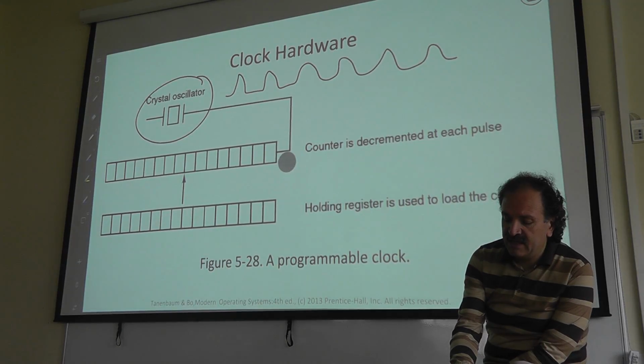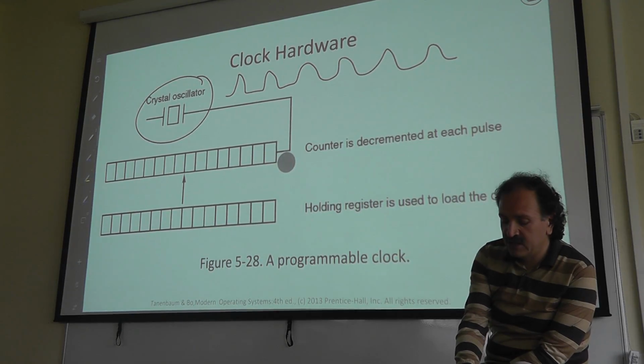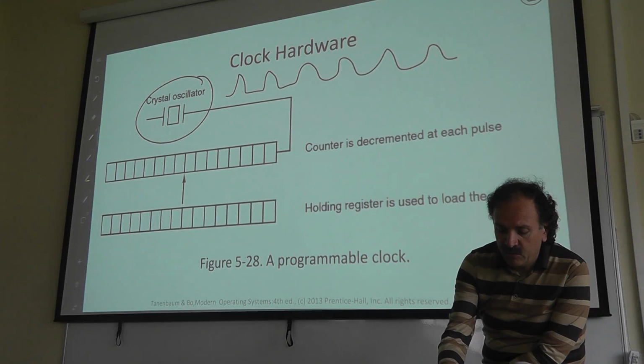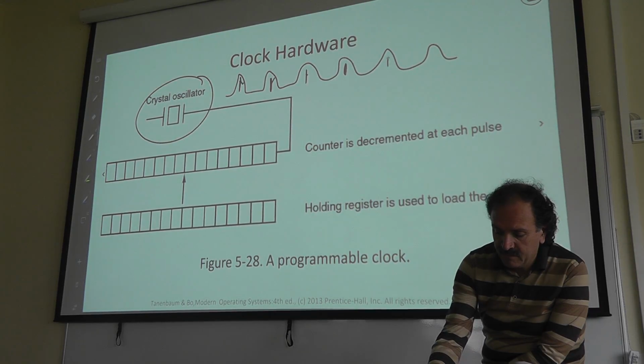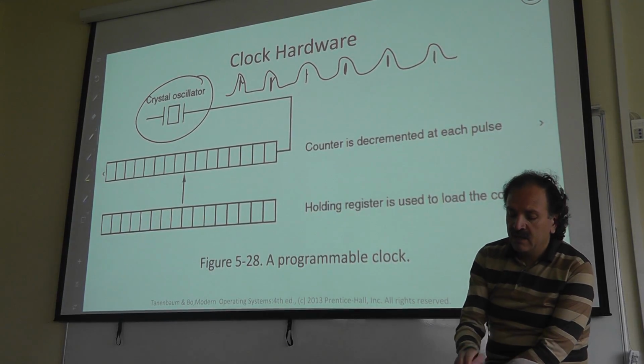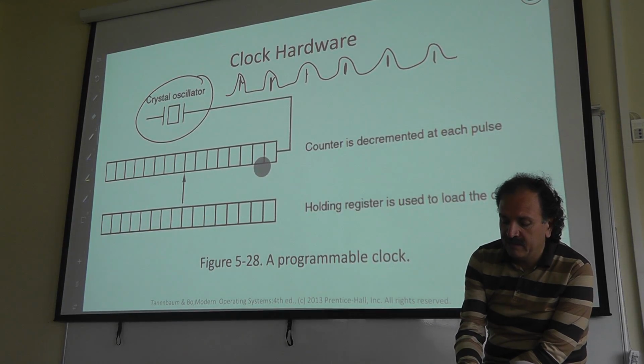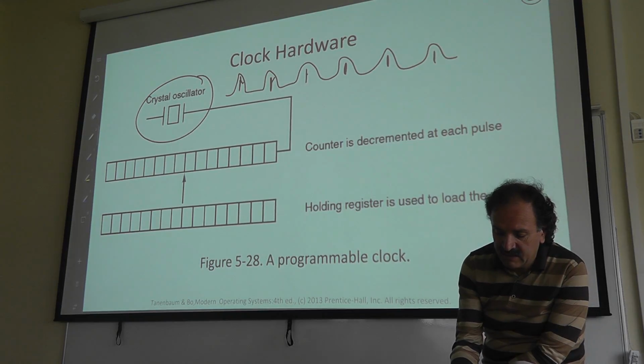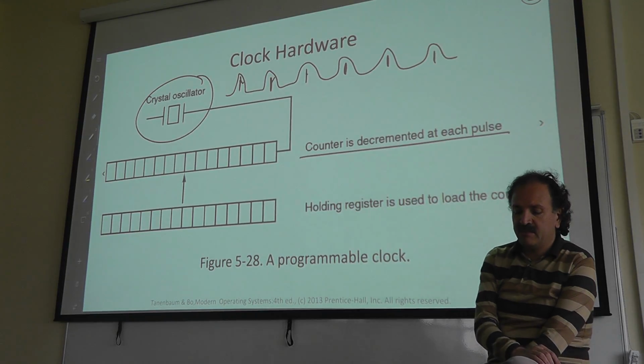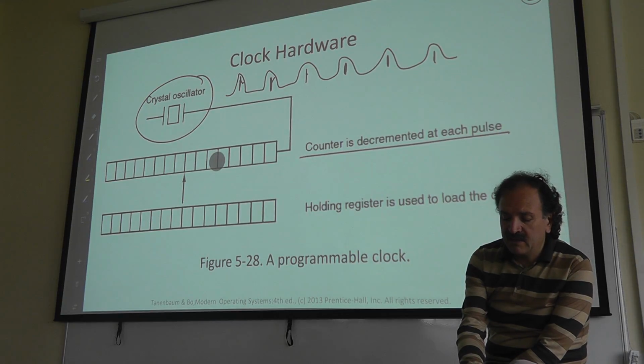And there is a special circuitry at the peak of each tick. It increments this counter by 1, or decrements the counter by 1. Sometimes incremented, but most of the time it is decremented. You decrement this counter by 1.